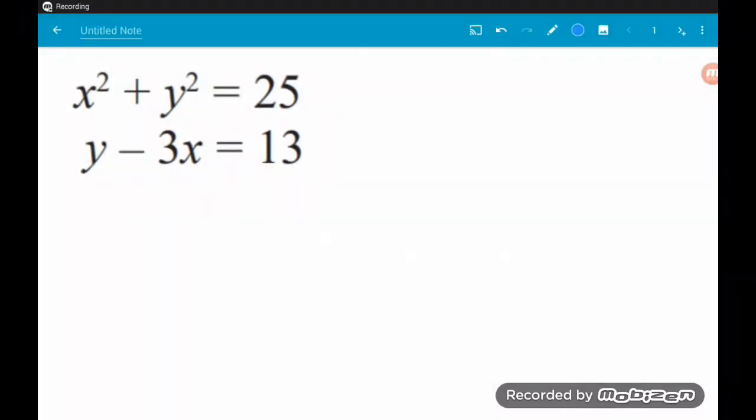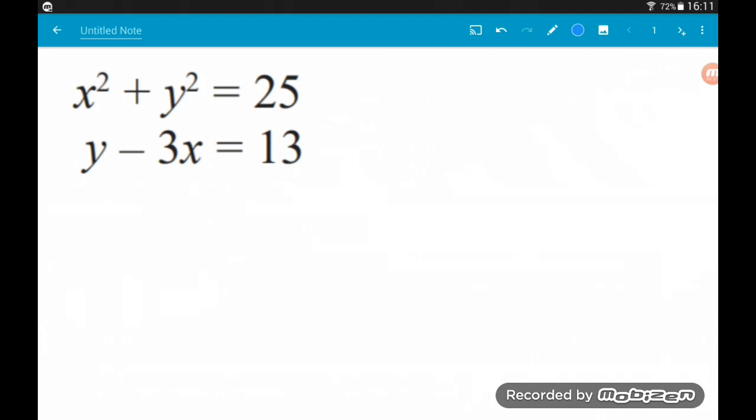Okay, in this episode we are looking at a 5-mark simultaneous equation question, and it's this guy here. So what we've got going on here, this top equation is a quadratic. It's quadratic because we've got powers of 2.